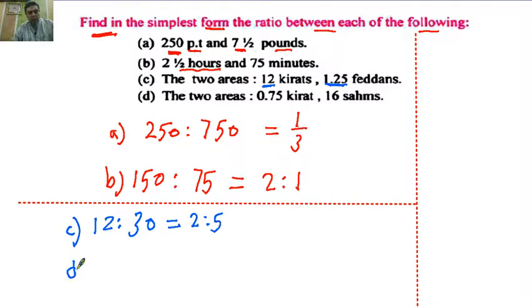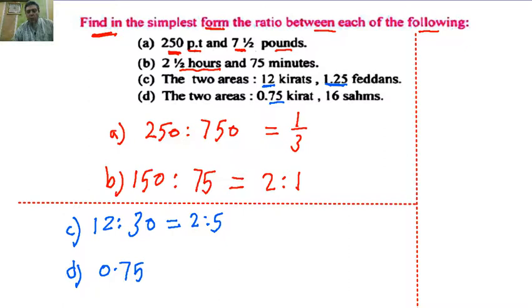Number D: the two areas, 0.75 feddan to 16 sahm. We must convert feddan into sahm.